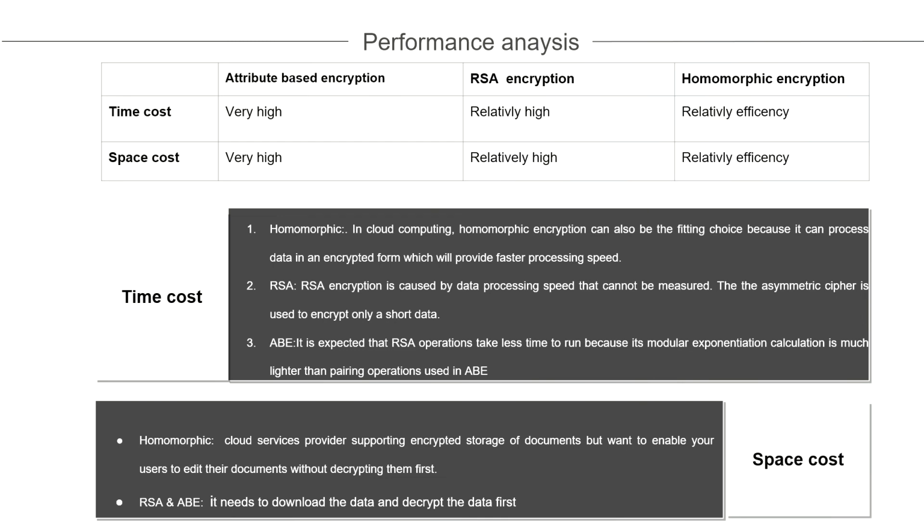Compared to RSA and ABE, you need to download the data and decrypt the data first. Especially ABE has quite a high cost of space, because the length of the user secret key and ciphertext correspond to the number of attributes. Therefore, while there are millions of users in the cloud, RSA and ABE are not good choices.